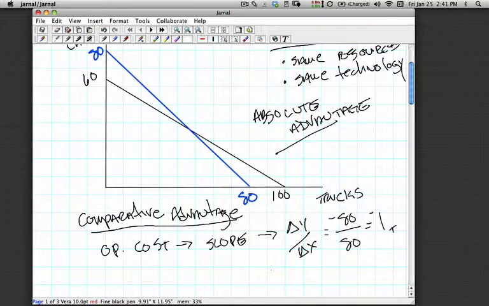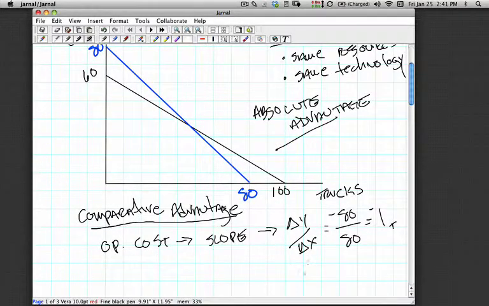At the very same time, if we look at the United States, they face the same dilemma, same resources, same products, trucks versus cars. The United States could indeed decide to make 100 trucks.